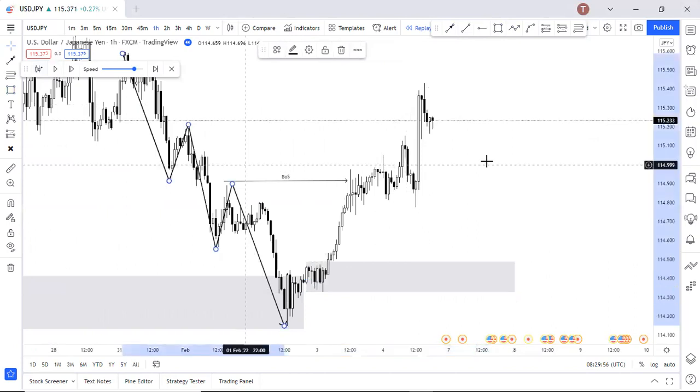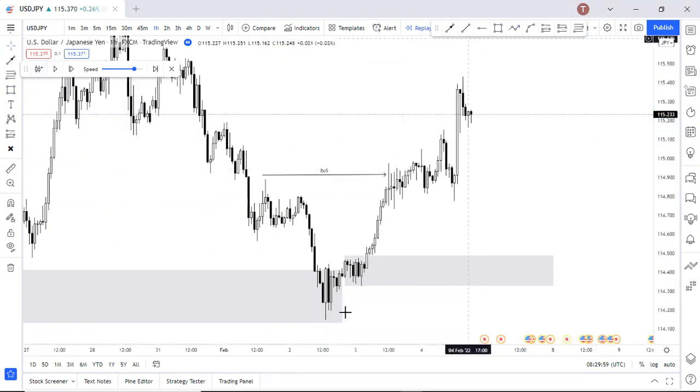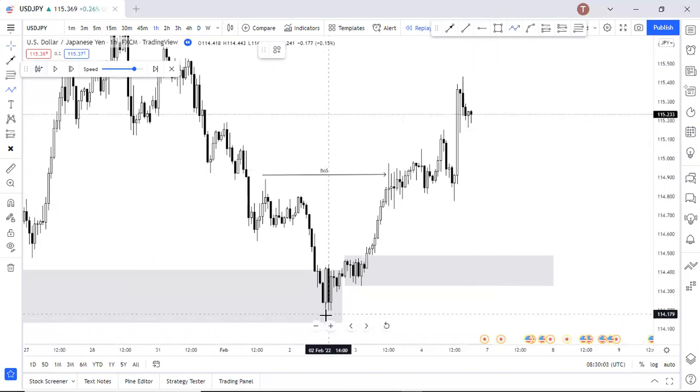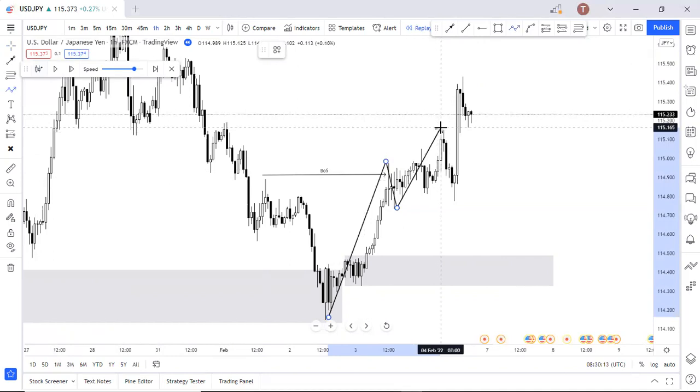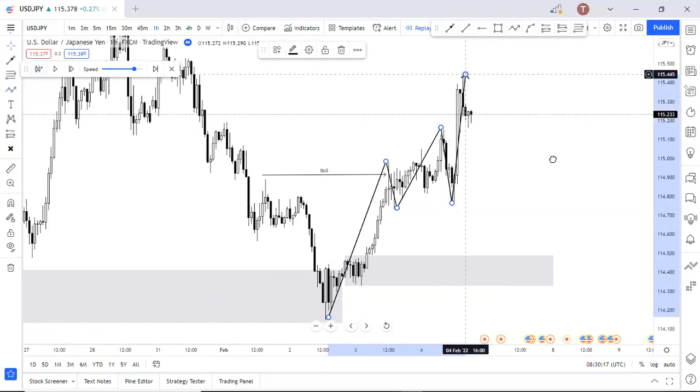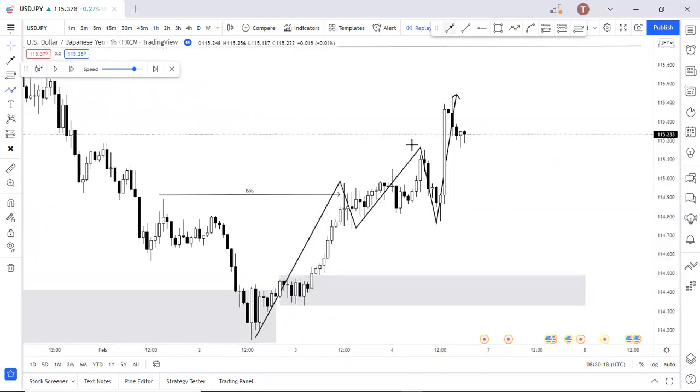Price went on to create more structural highs. That is, we had this low, we had this high that broke above this last lower high. We had this low, we proceeded to have this higher high, then we had this low, then we created another higher high, breaking above this last high right here.